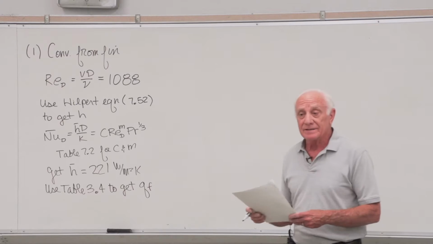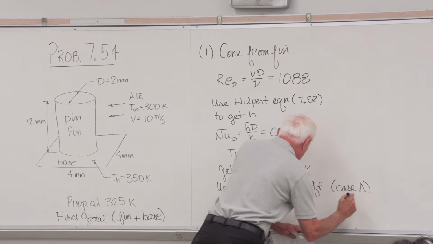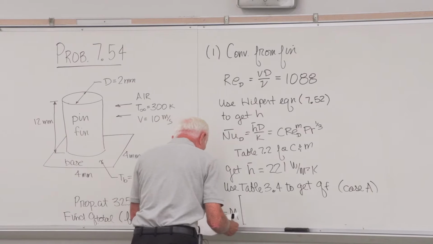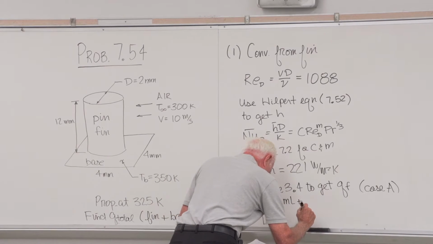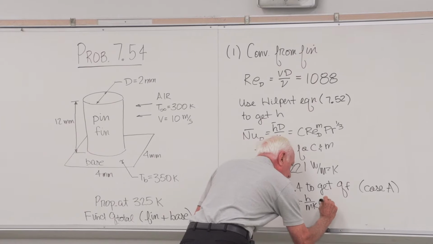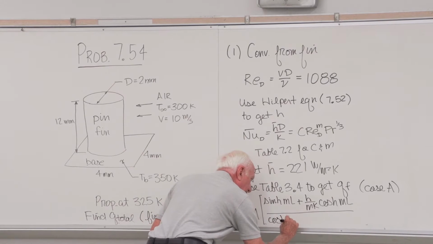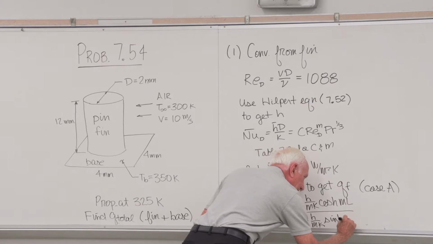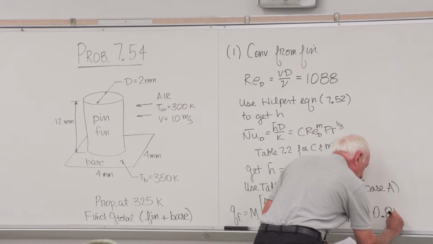So we couldn't use case D. We had to use case A. I'll put it down here, case A. And of course, that was the more complicated equation: capital M, parentheses, hyperbolic sine mL, and then we had the h over mk, hyperbolic cosine mL, divided by hyperbolic cosine mL, hyperbolic sine mL. 0.815 watts.